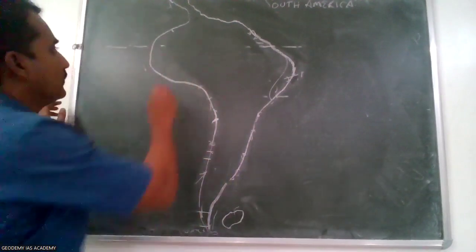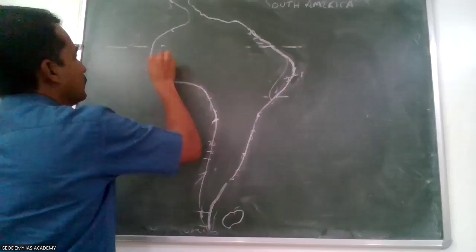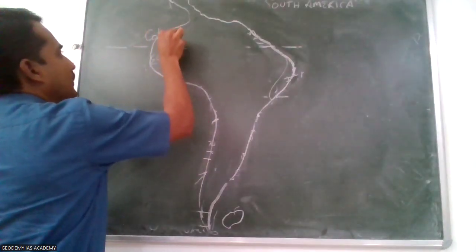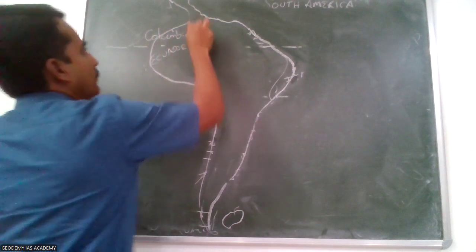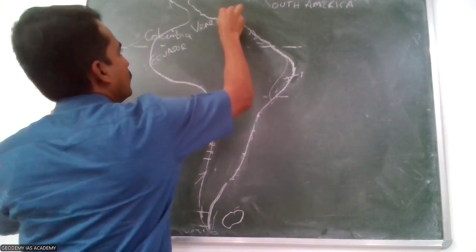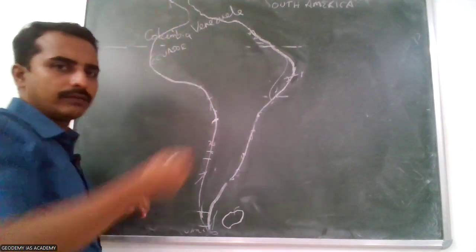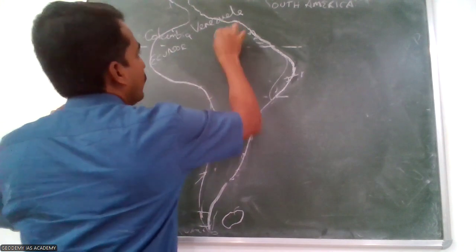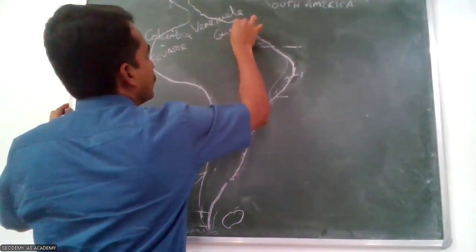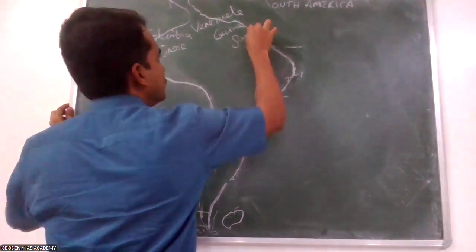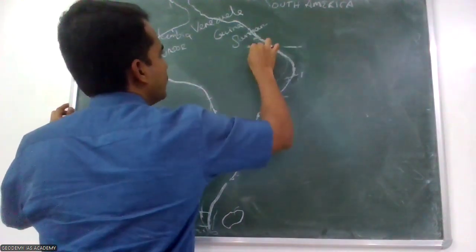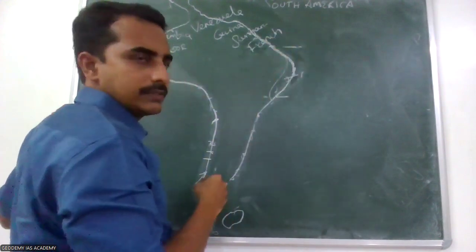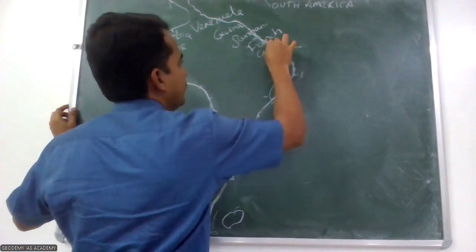So Ecuador is located here, and then Colombia, Venezuela, and here Central America, Panama, Nicaragua, El Salvador, those countries are located there, and here Guyana, Suriname, small countries, Suriname, and French Guyana. The European rocket launching centers, Space Research Center, are located in French Guyana.